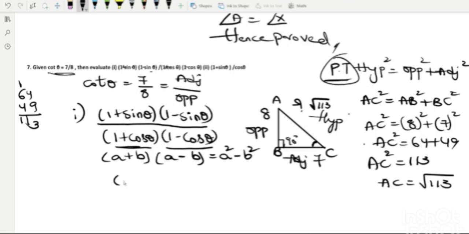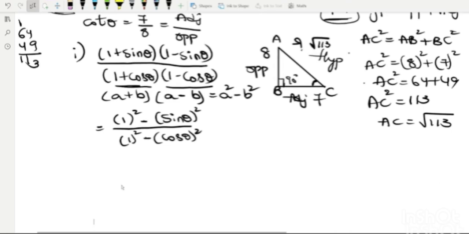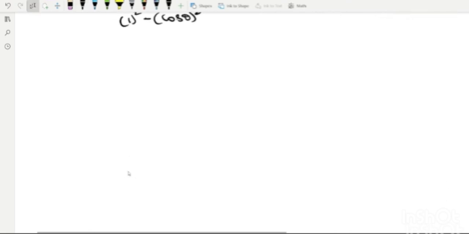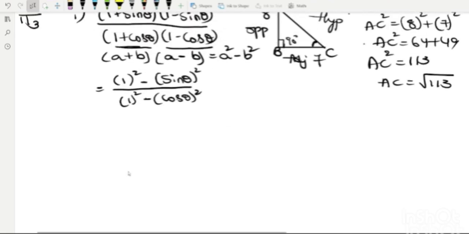You can write it as a square, which is 1 whole square, minus b, which is sine theta whole square, divided by 1 whole square minus cos theta whole square. So it would be 1 minus sine square theta divided by 1 minus cos square theta.